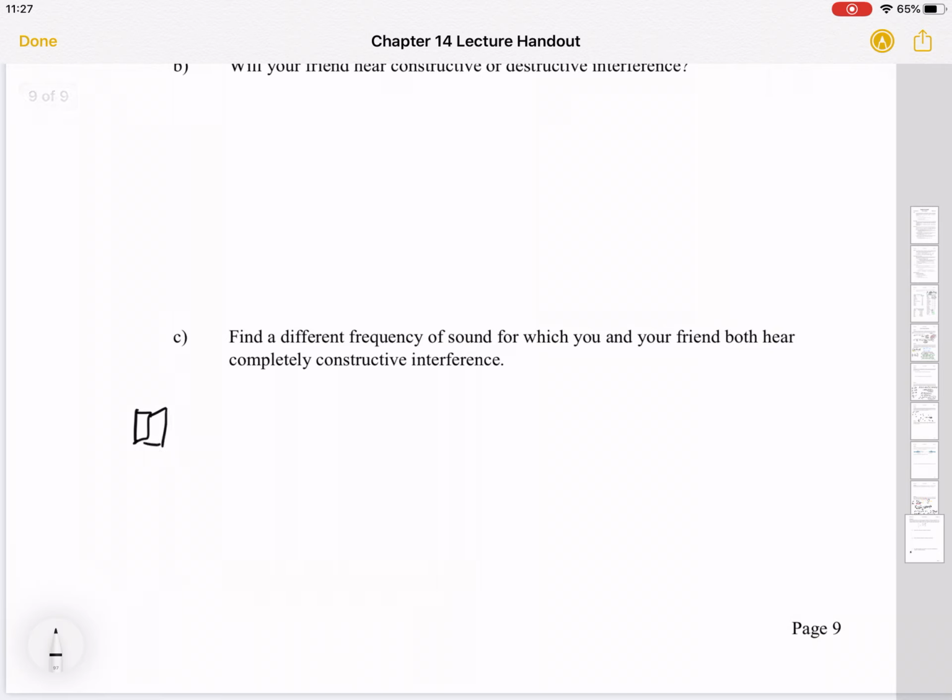What if I have a speaker here and a speaker here, and I stand like here? Do I hear a loud or a quiet sound here, or something in between? So now I need D1 and D2, but it's the same procedure, D1 minus D2, and I need a wavelength.